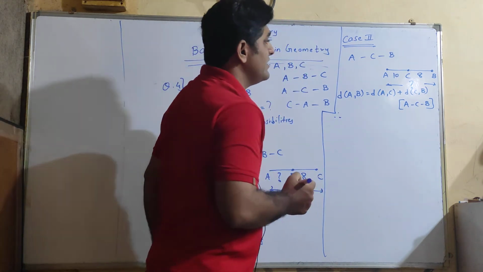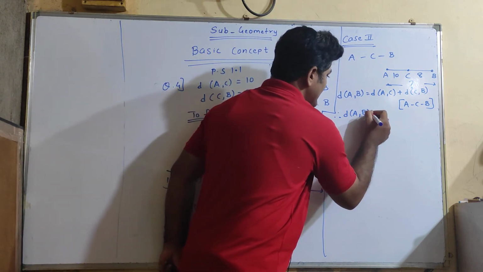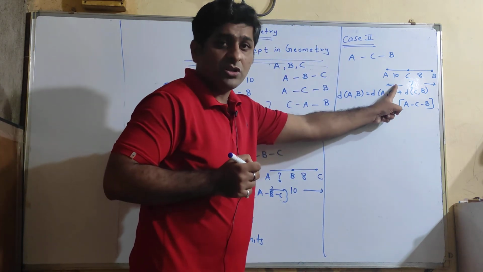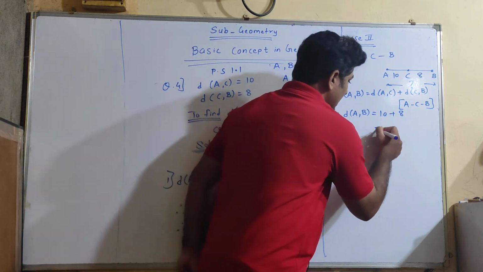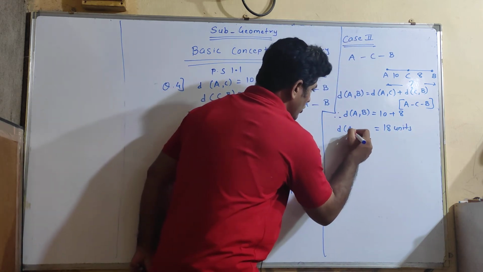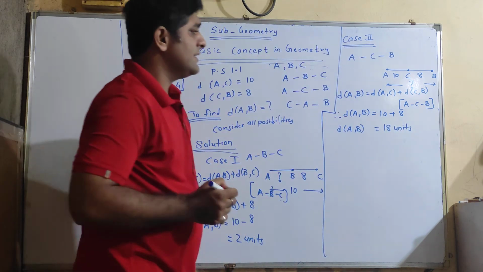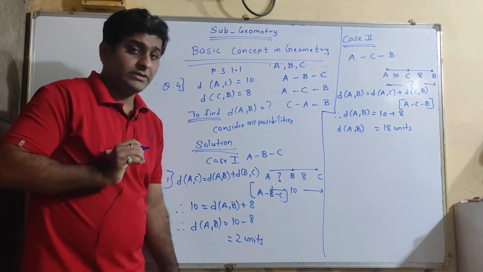Let's substitute the value. AB we are supposed to find, so I am going to write it as it is. AC we know the value is 10 and this is 8, so 10 plus 8 is 18 units. So we got distance AB as 18 units.